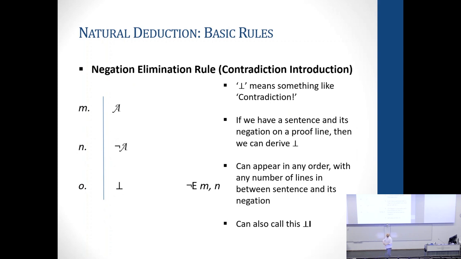Importantly, you already need to have a sentence and its negation, and you stay on that same line, whether it's your main proof line or in a subproof, and you generate your contradiction. Because we are adding something. Again, this is why when we think about negation elimination, you can also call it contradiction introduction, because that's all it does. It keeps you on the line you're on, and it gives you your upside down T.